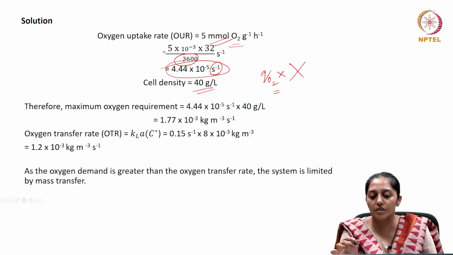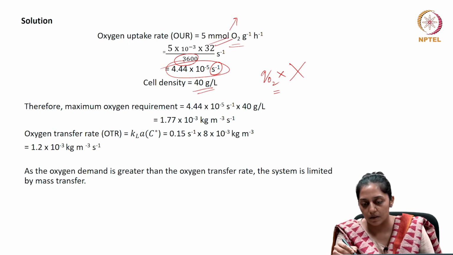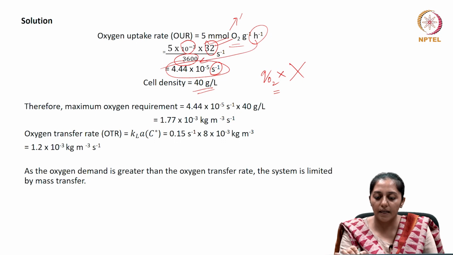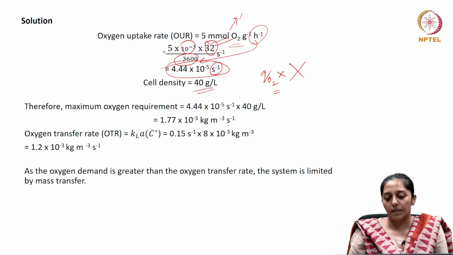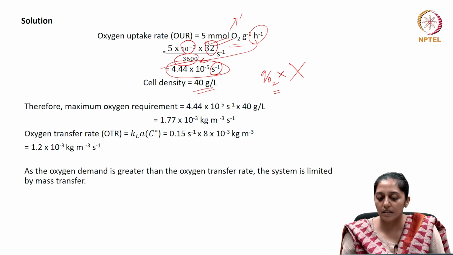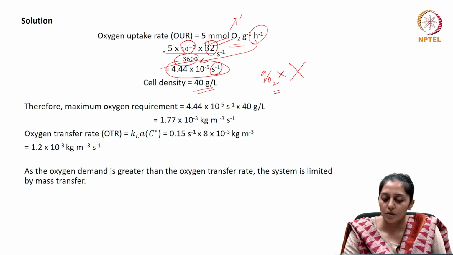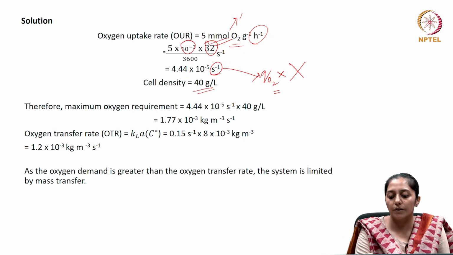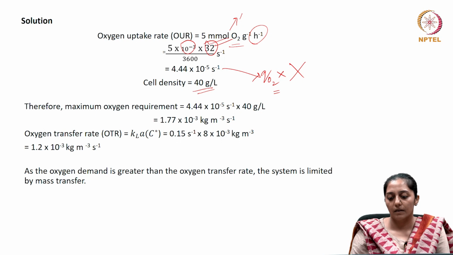So, millimole of oxygen has been converted to grams. So, into 10 to the power of minus 3 is moles and 32 is the weight of oxygen per mole, and hour has been converted to seconds by multiplying it with 3600. So, ultimately it comes out to be, in terms of seconds inverse, 4.44 into 10 to the power of minus 5.